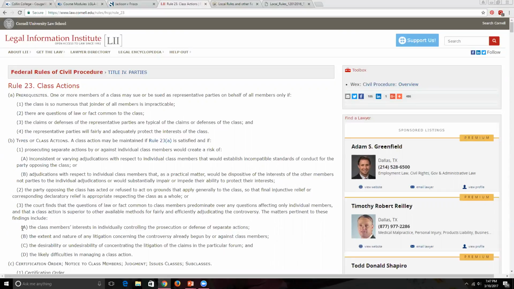Really, in this course, we're doing several different things. We're learning how the federal courts work, of course, but we're also learning how to interpret procedural rules. And the Federal Rules of Civil Procedure is a really smart way of starting that process because they are very easy to understand. They are the simplest rules that you'll ever have the privilege of working with. And so it's a good first step or introduction to this topic.